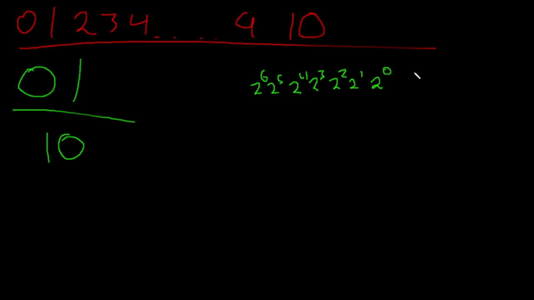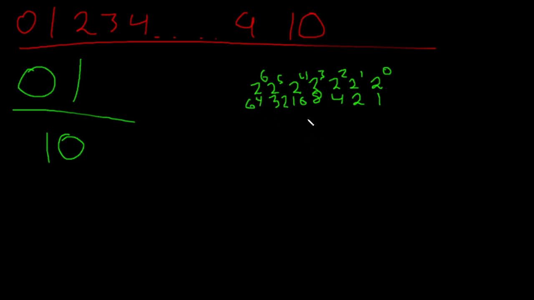Now each of these corresponds to a number. 2 to the 0 is 1, 2 to the 1st is 2, 2 squared is 4, 2 to the 3rd is 8, 2 to the 4th is 16, 2 to the 5th is 32, 2 to the 6th is 64.